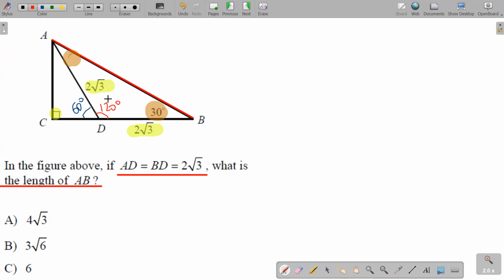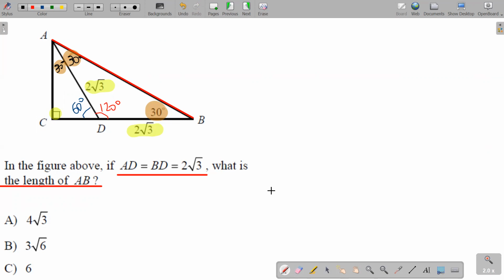And since this angle ADB and this angle ADC are supplementary angles because the total will be 180, what is left is 60. Since that one is 60 and this one is 90, the angle at A must also be 30 degrees. So you see, we just found all the angles of this figure. Found them all, isn't it?